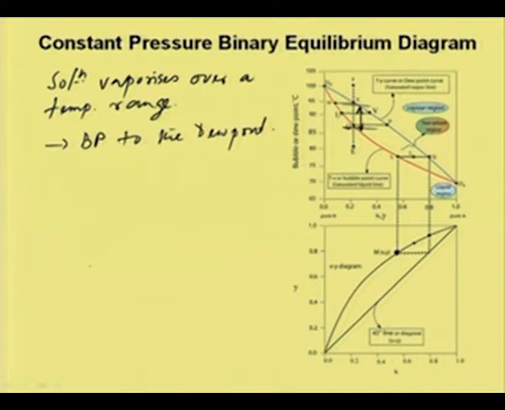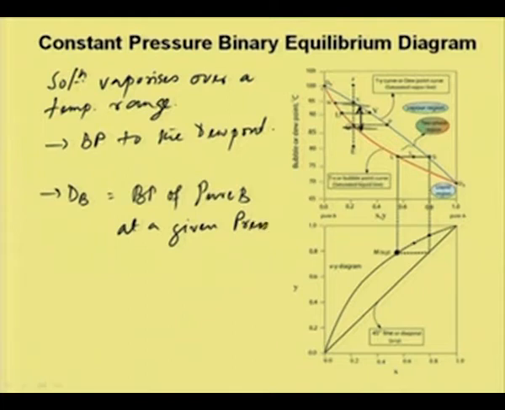The bubble and dew point curves meet at point DB and at point DA. Point DB represents the boiling point of pure B at a given pressure, and point DA is the boiling point of pure A.